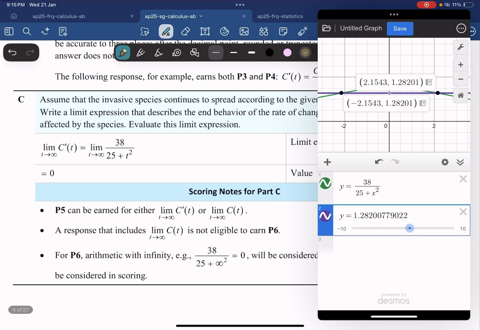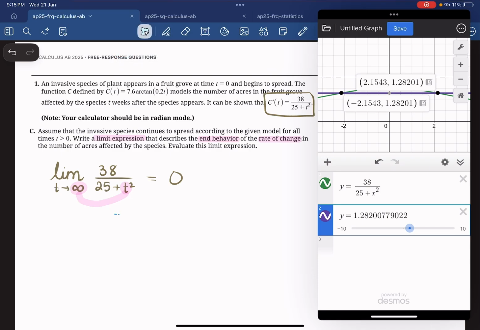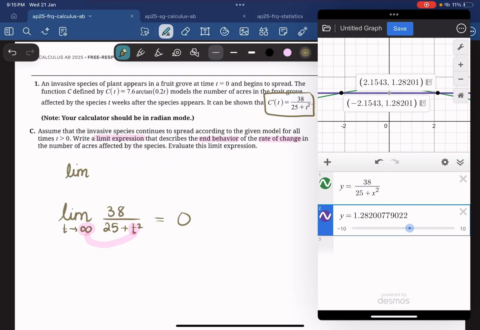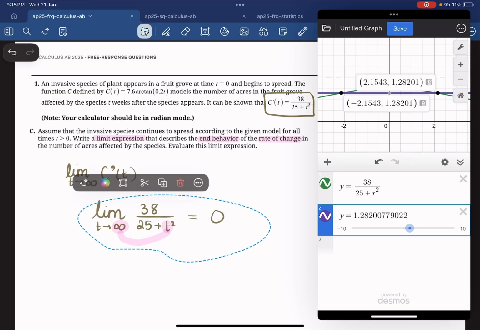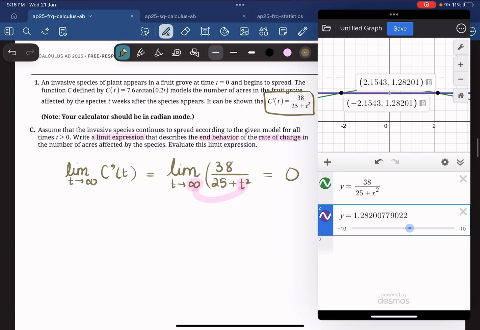That's the answer for part C. Okay, so if you want as an extra step, write the limit as t approaches infinity of c prime of t, as a first step, equals the limit as t approaches infinity of, you substitute c prime of t, here it is equal to 0. That's it for part C.